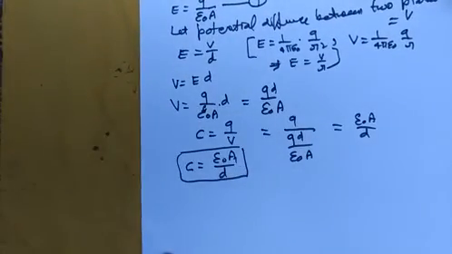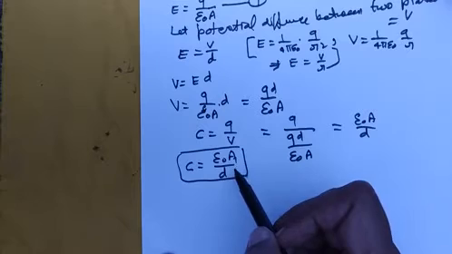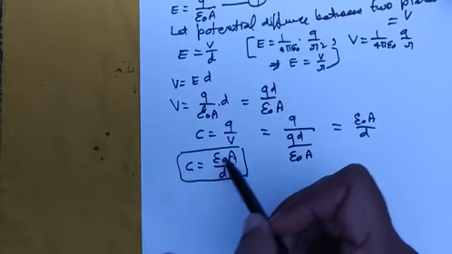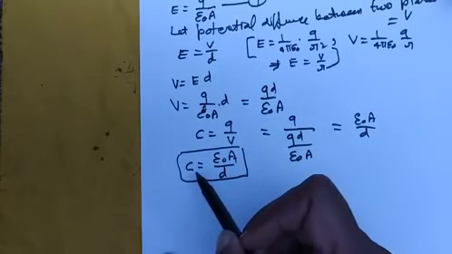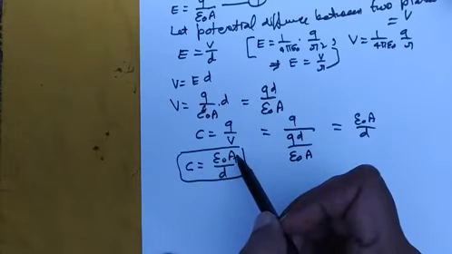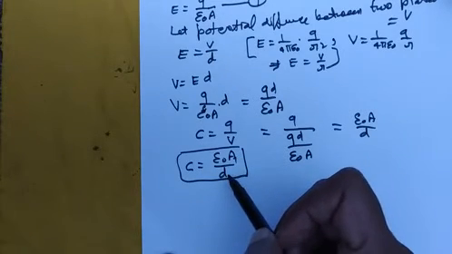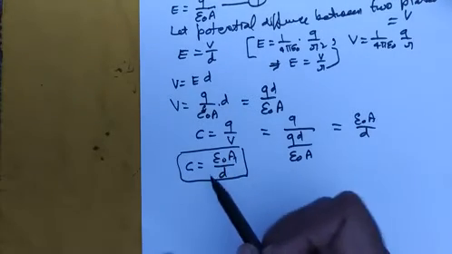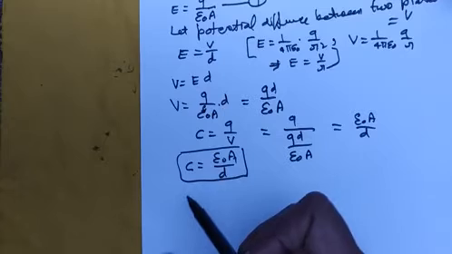Now, just analyze it. To increase C, what we will do? We will increase the numerator and we will reduce the denominator. So we will have to increase A, we will have to reduce D, we will have to increase epsilon naught. अब देखते हैं कि ये तीनों कैसे होता है.